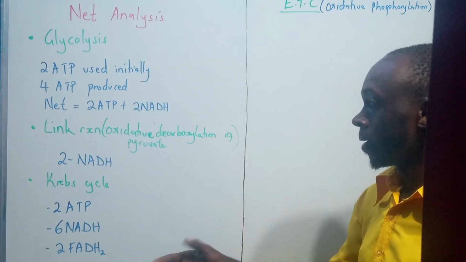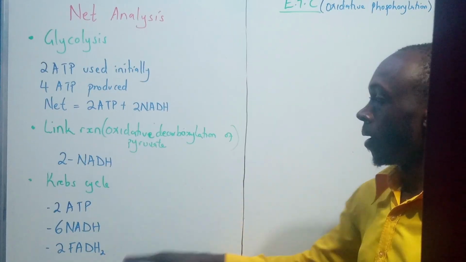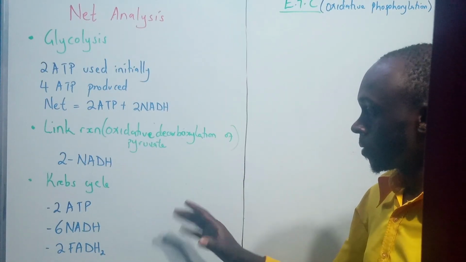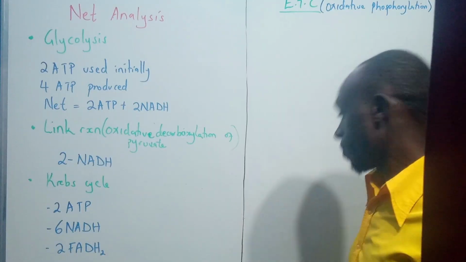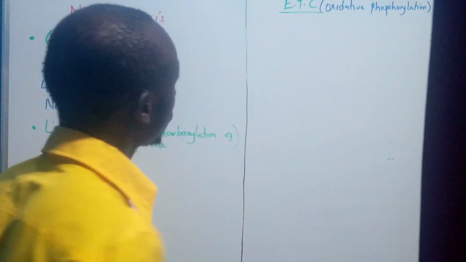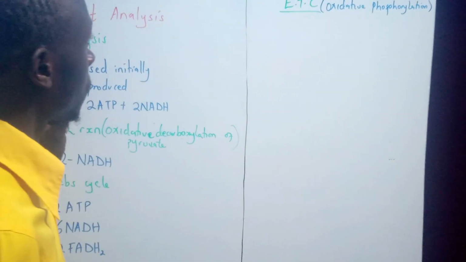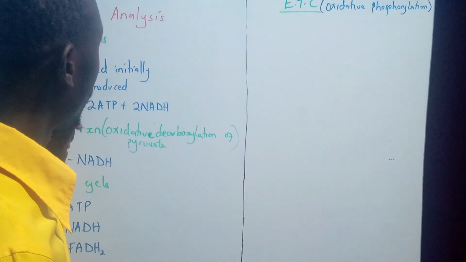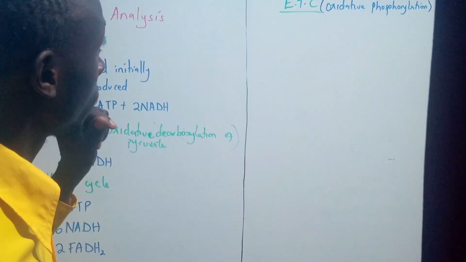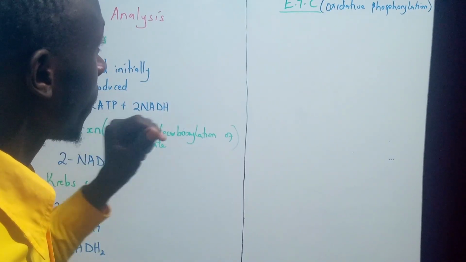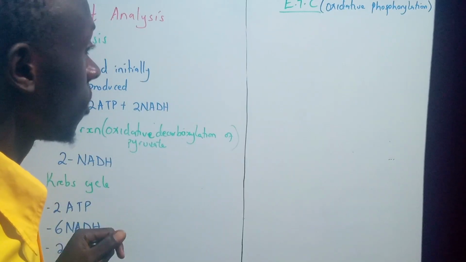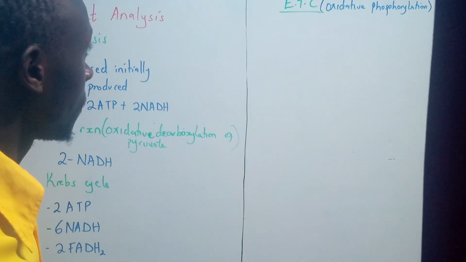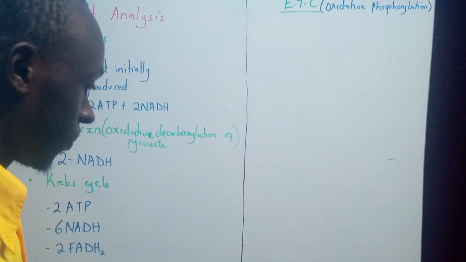I remember giving you that analysis in the Krebs cycle, so we can go back and check it in case we have forgotten. Our main intention is to look at the analysis of the ETC, that is oxidative phosphorylation. In other words, we are going to look at how many ATPs in total we shall form.